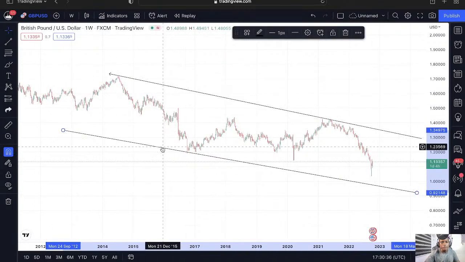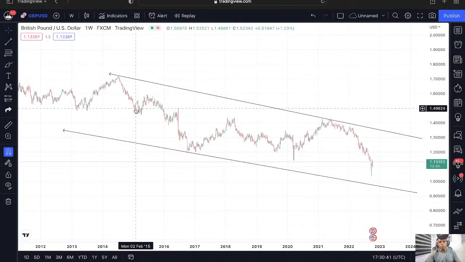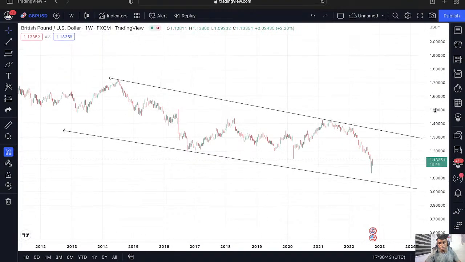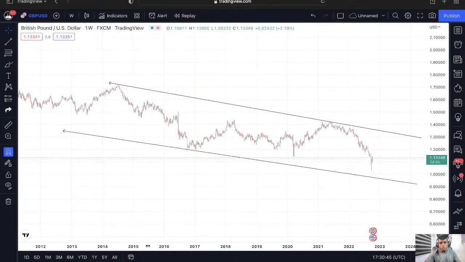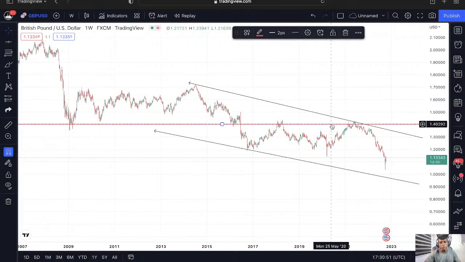So as you can see, on the weekly time frame, we are on a downtrend. And here you can say, good, this is a support level turned resistance. Okay, a support level turned resistance, this level.